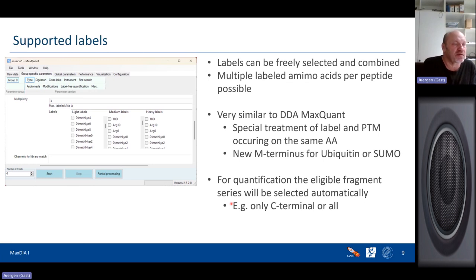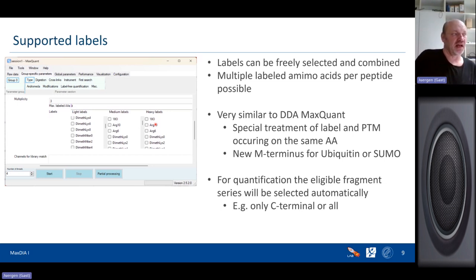So then, natural question is, which kind of labels can you use for the data analysis? The simple answer is essentially any kind of label you could think of. This includes all kinds of isotopic labels, and you can see here in the interface of MaxQuant, just as you may know it from DDA data, you can say what is the number of labels, and then for each of these labels, like if you select 3 here, for the light, the medium, and the heavy, you can specify separately what exactly the molecular composition of these labels is.